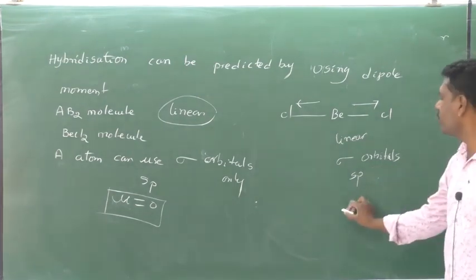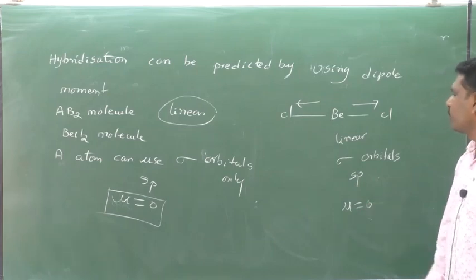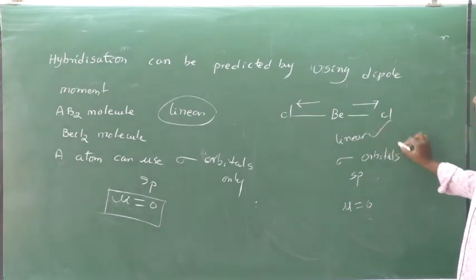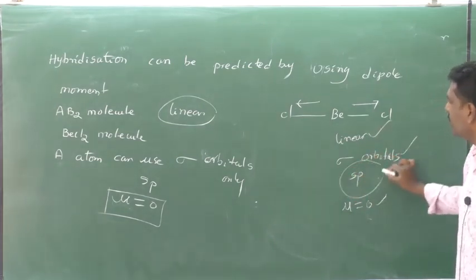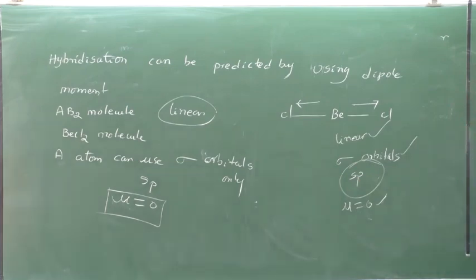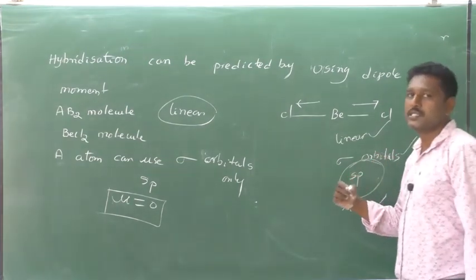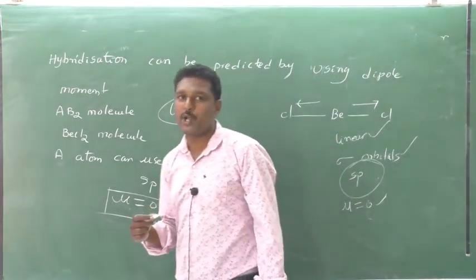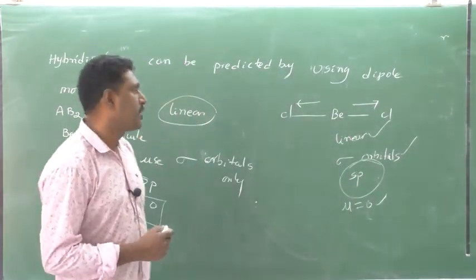Then mu equals 0. In these three conditions, we confirm that its hybridization is sp. So for that type of molecule, the dipole moment value is 0.